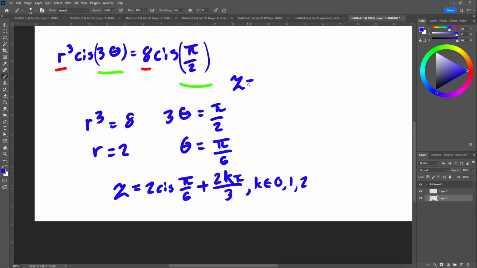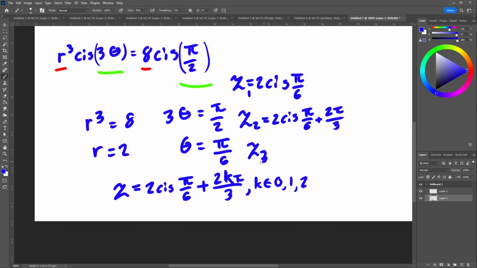Actually, I can write them out. z1 is equal to 2 cis pi over 6, z2 is equal to 2 cis pi over 6 plus 2 pi thirds, and z3, sorry, equal to 2 cis pi over 6 plus 4 pi thirds. And those would be your answers.